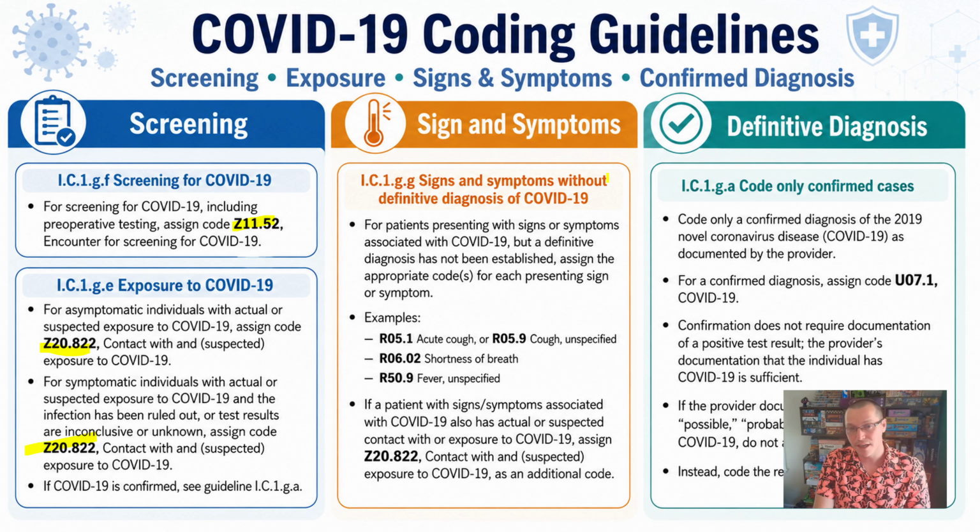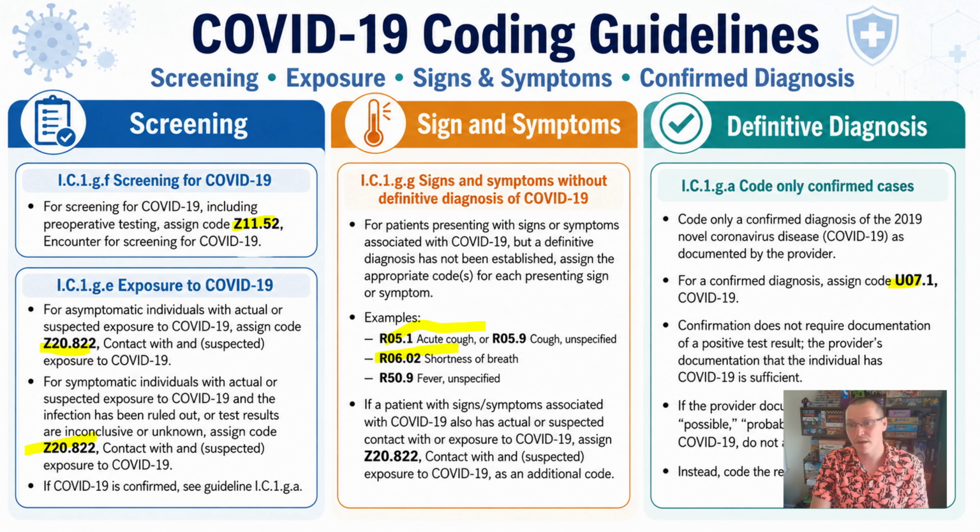Next, it breaks down signs and symptoms without definitive diagnosis of COVID. If a patient is presenting with signs or symptoms associated with COVID, but a definitive diagnosis has not been established, assign the sign or symptom codes. That's what we're going to use, not the screening codes. And then finally, if a patient has definitive COVID, we will assign the COVID diagnosis.